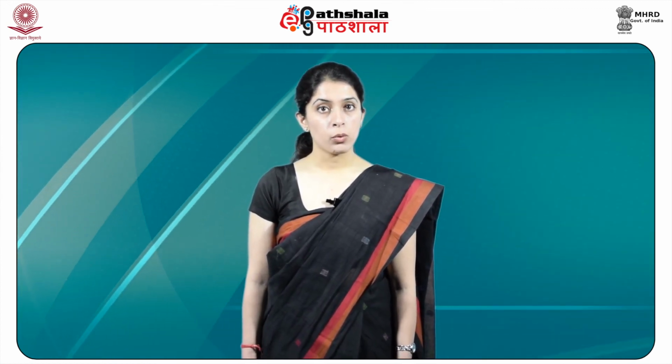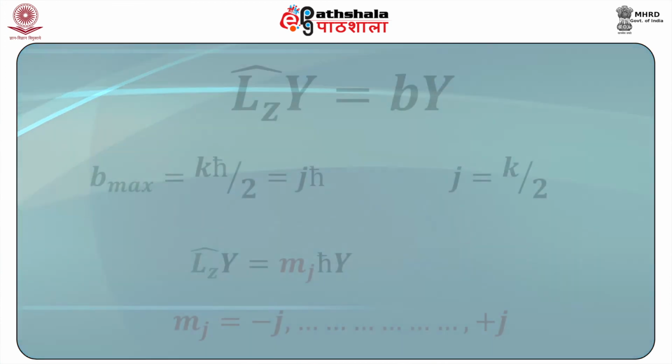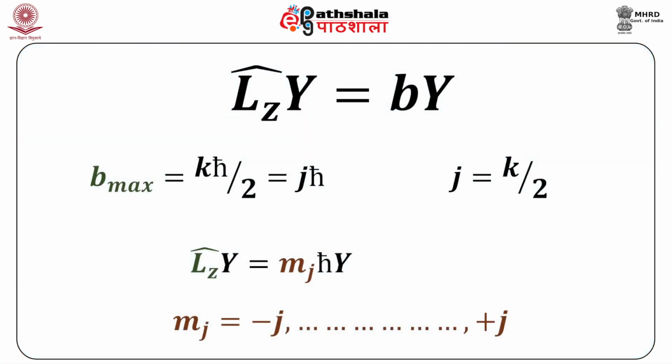The eigenvalue equation for this is of the form Lz ψ equals B ψ, where B is the eigenvalue which is taken as kħ by 2 equals jħ, where j equals k by 2 and k can take values 0, plus or minus 1, plus or minus 2 and so on. That means Lz ψ becomes equal to m_j ħ ψ, where m is equal to minus j to plus j.